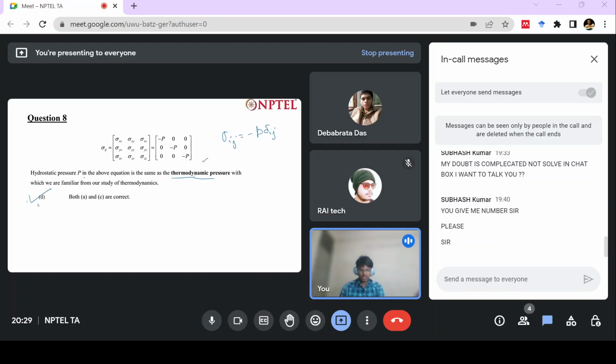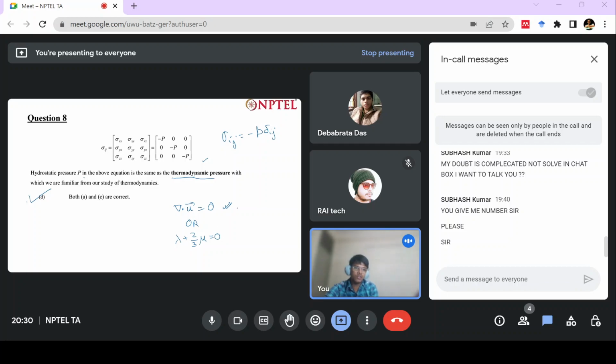Okay. So I guess you now have a clear understanding of what mechanical pressure and thermodynamic pressure are, and when they are equal and when they are not equal. If it is an incompressible flow, this statement is valid, or if my Stokes hypothesis is valid, this is valid.